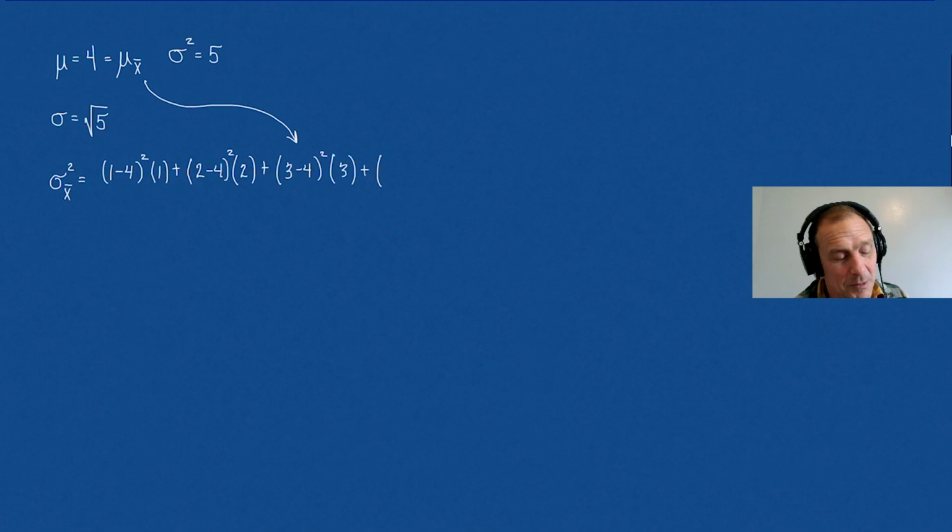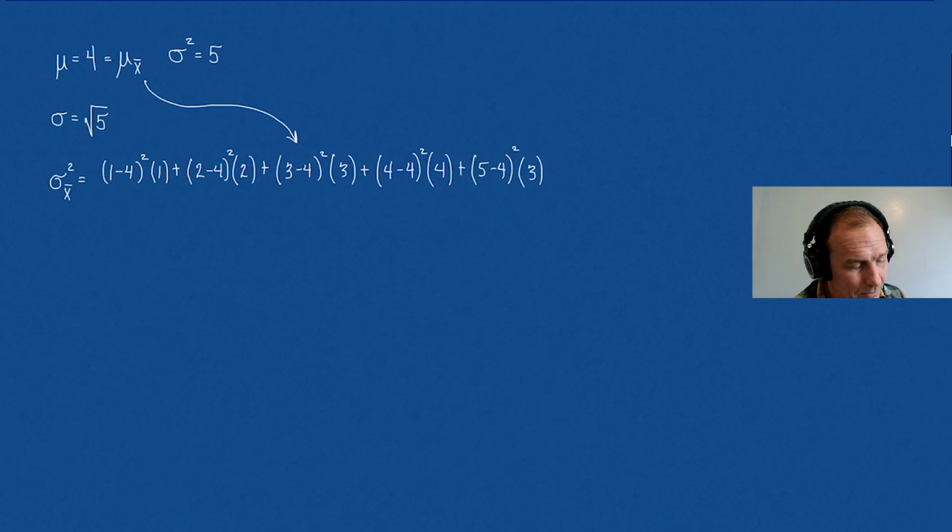Our next sample means were the 4's. Subtract the mean, which is 4, square it, and multiply it by its frequency of 4, plus. Our next data values are 5's. So we take 5 minus 4, we square it, and we remember that the 5's occurred 3 times, plus.